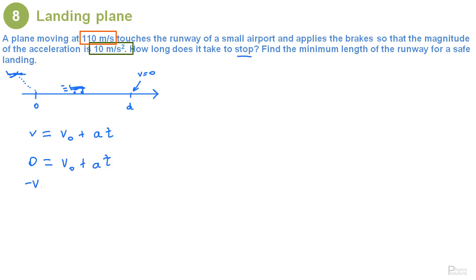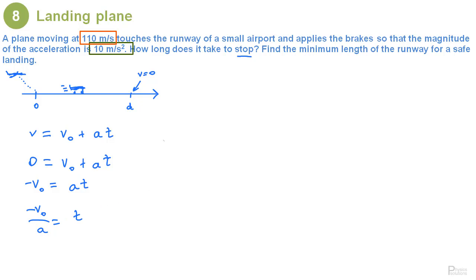So this becomes minus v0 equal to a t. And now we pass the a to the other side. In other words, we divide on both sides by a. This becomes minus v0 divided by a is equal to t. Excellent. So we have the time in terms of quantities that we know.